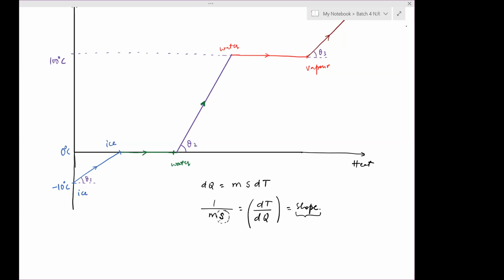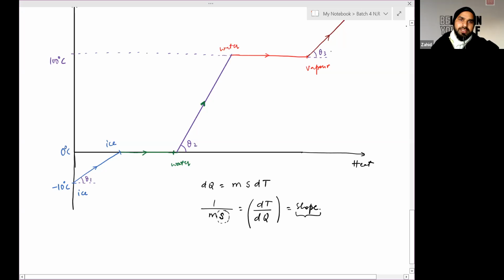Yes, sir. Sir, can you please explain this once more? Since these three different inclined straight lines define the heat supplied to the system to change its temperature, which is called specific heat, Q equals m s times change in temperature. So I've written dq equals m into s times dt. Since this curve is between temperature and heat, the vertical line is temperature and the horizontal line is heat.